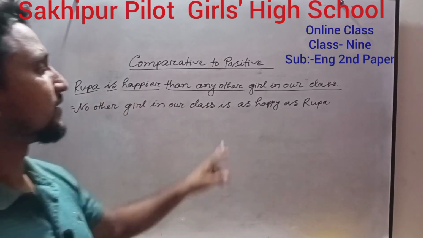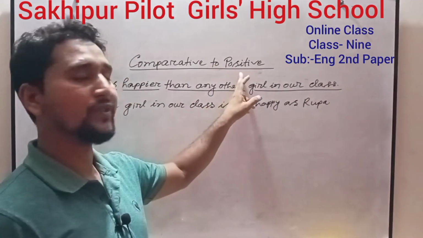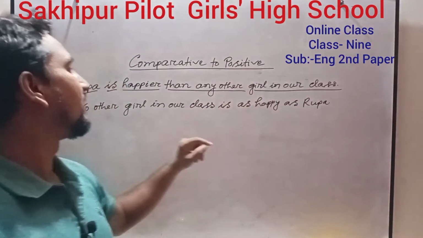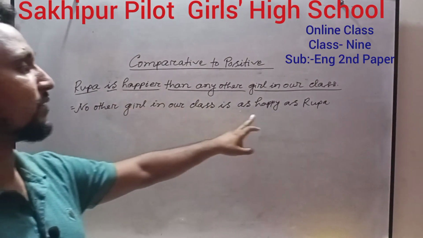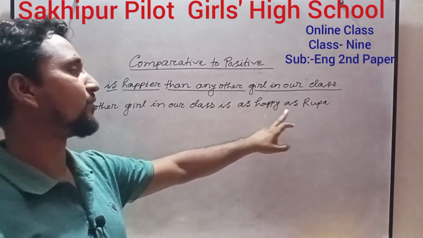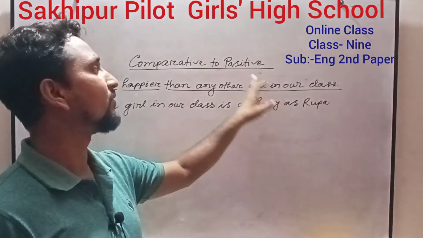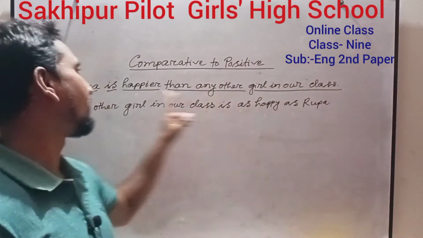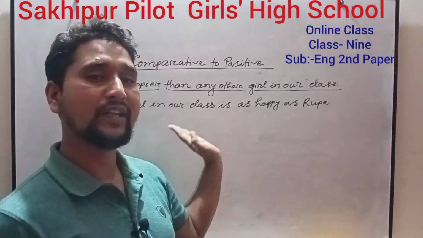Then you have to write so or as, which is the feature of positive degree, as. Then you have to change the adjective into positive form, happy. Then you have to write another as, which is another form of positive degree. Then you have to write the first noun or pronoun, Rupa. Is it clear to you?